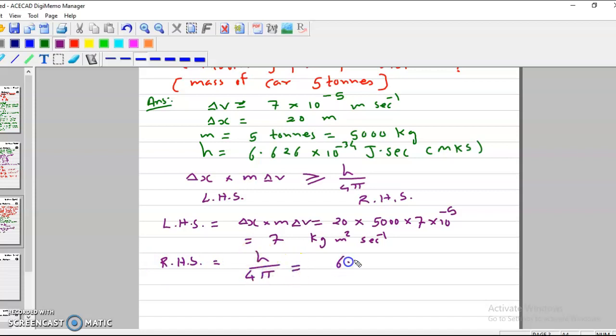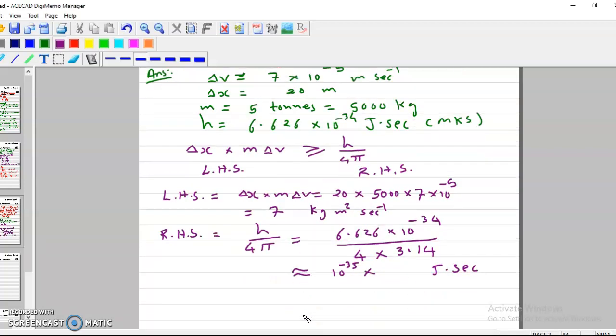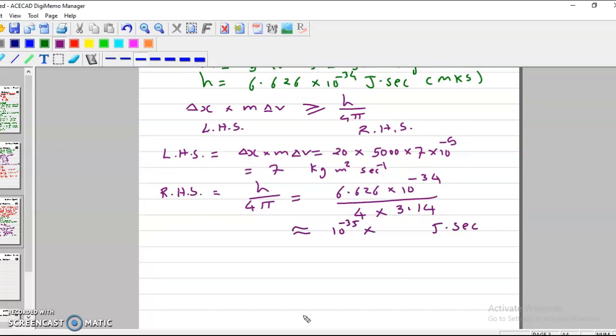So that is 6.626 times 10 to the power minus 34 upon 4 times 3.14. If you calculate, you may get something which is nearly 10 to the power minus 35 times something, and the unit will be joule into second.